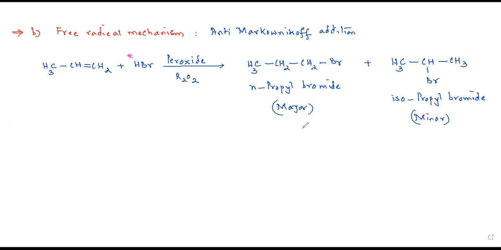Now, major is because of anti-Markovnikov addition, also known as peroxide effect or Kharash effect.